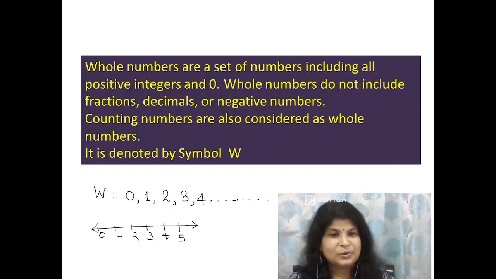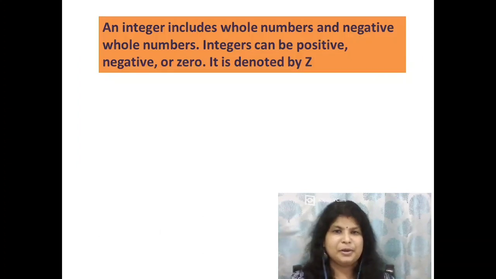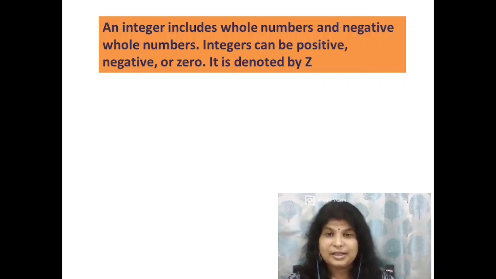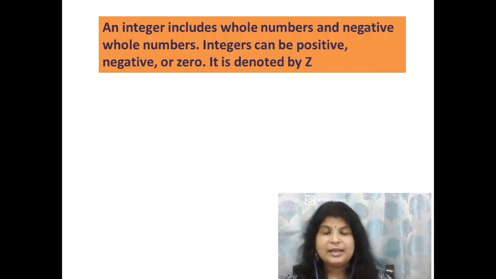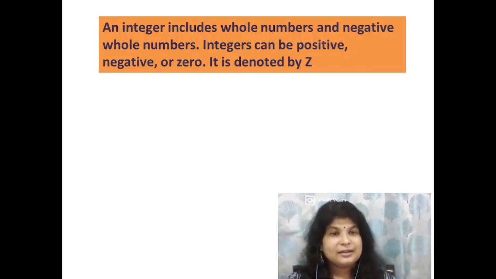Now let us go to the next type of number. What is it? It is called integer. So integers include what? It includes all the negative numbers, all the positive numbers and 0. All of them together are denoted by Z. These are called integers.